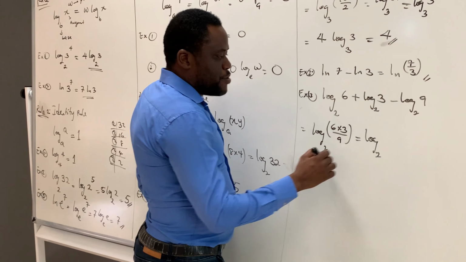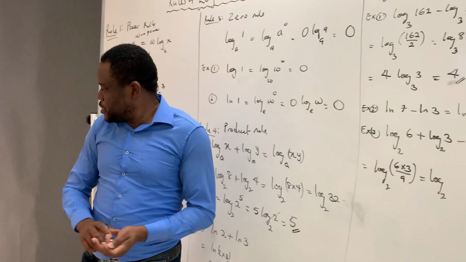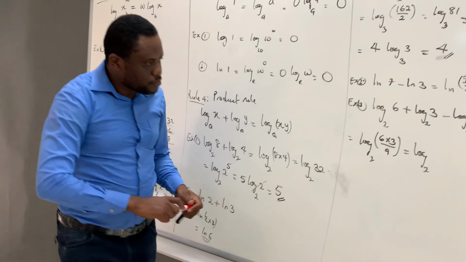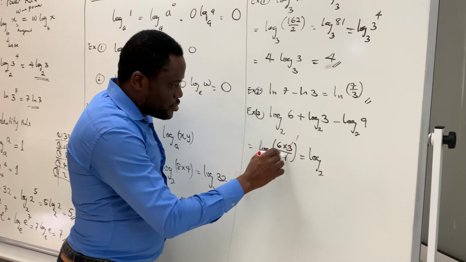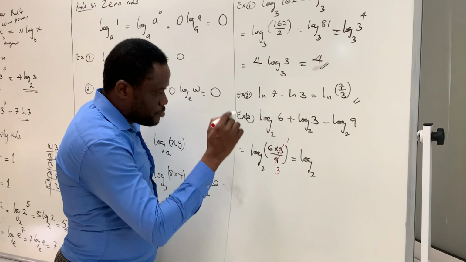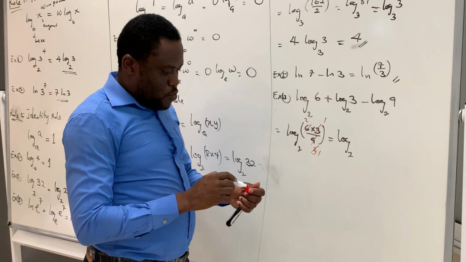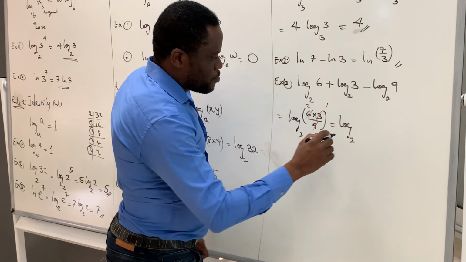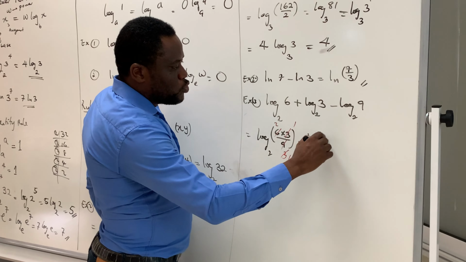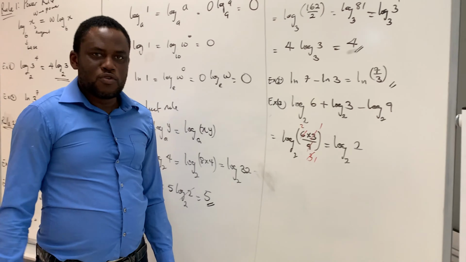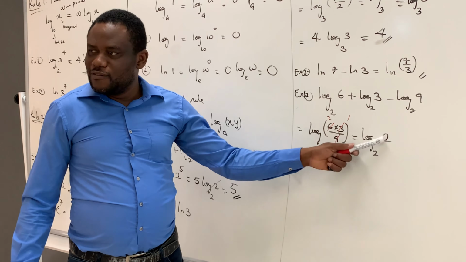Log in base 2, I can cancel it. 3 goes here 1, 3 goes here 3. So what is left here is log in base 2 of 2, which is 1.